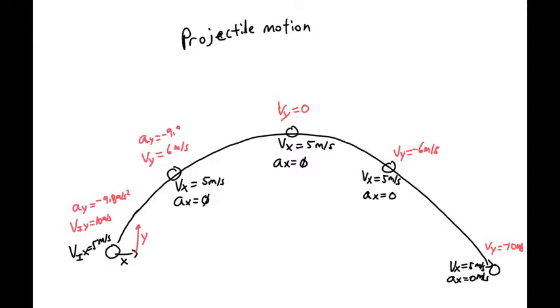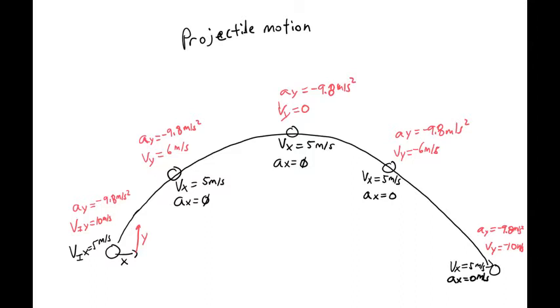Negative 9.8 meters per second squared. What about at the very tippy top? Negative 9.8 meters per second squared. What about over here? Negative 9.8 meters per second squared. And right before it hits the ground, negative 9.8 meters per second squared.